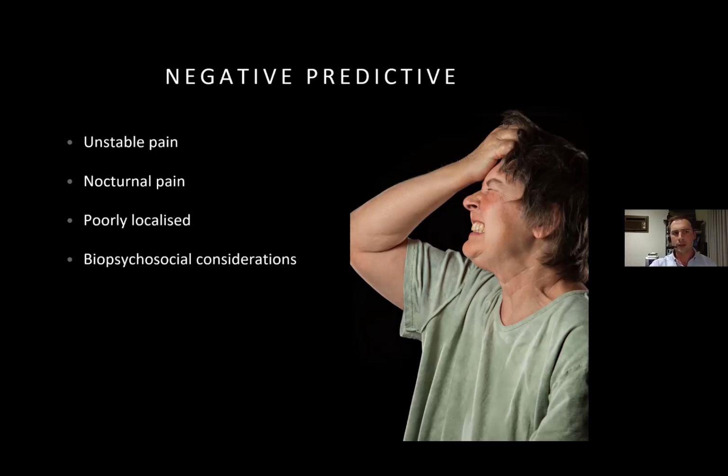Considering the biopsychosocial considerations, and this is the total impact of a person's social environment, their mental health, their state of mind. This is particularly important because all tendons are attached to a person, and that person lives in an environment.